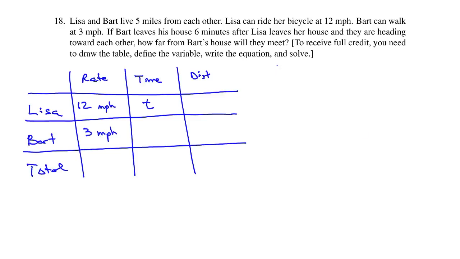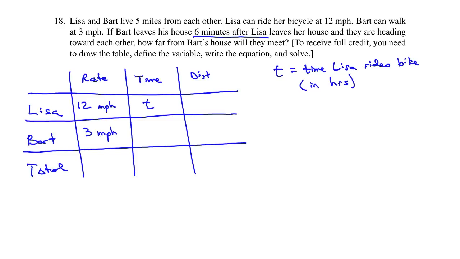So now I can define the variable. T is equal to time Lisa rides bike in hours. Now we know that Bart leaves his house 6 minutes after Lisa. That means Bart is going to be traveling for a total time that is 6 minutes less than what Lisa travels.